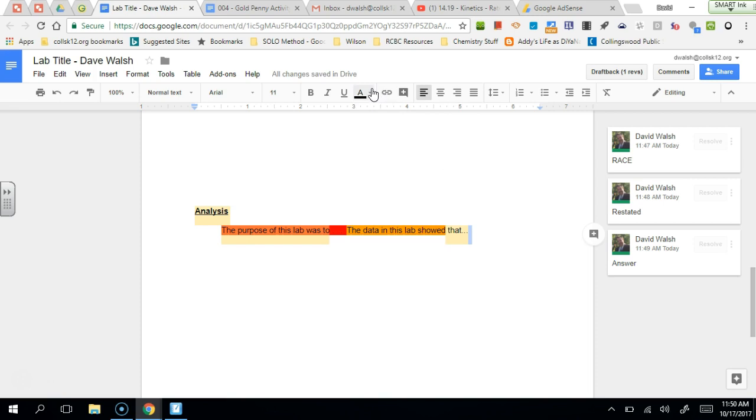Now comes the exciting part. Okay, the exciting part is the cite and the explain. And so this is really where chemists earn their money. I'm going to cite, but what I'm going to do is refer to the data and then explain what that data means.